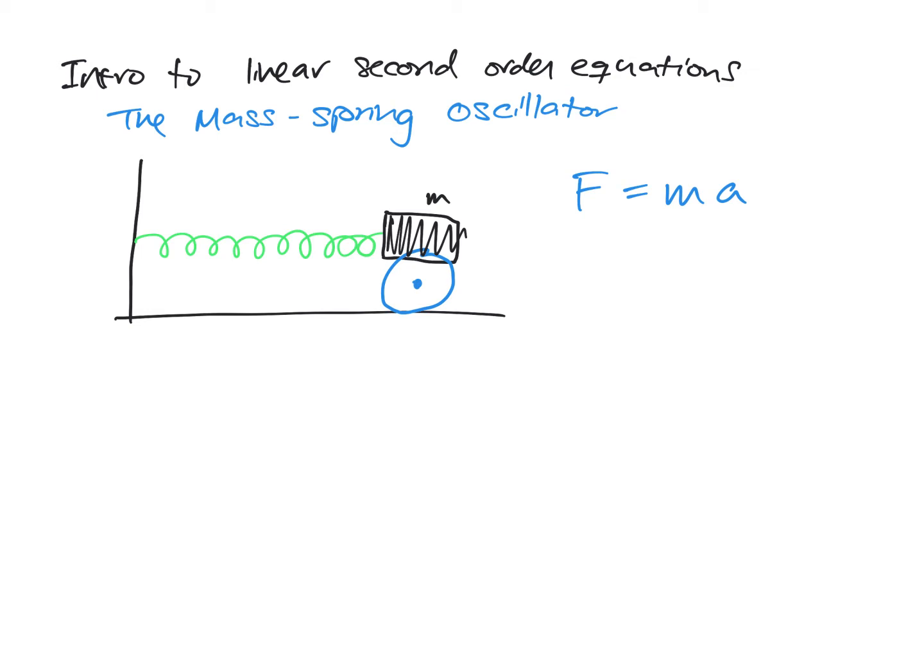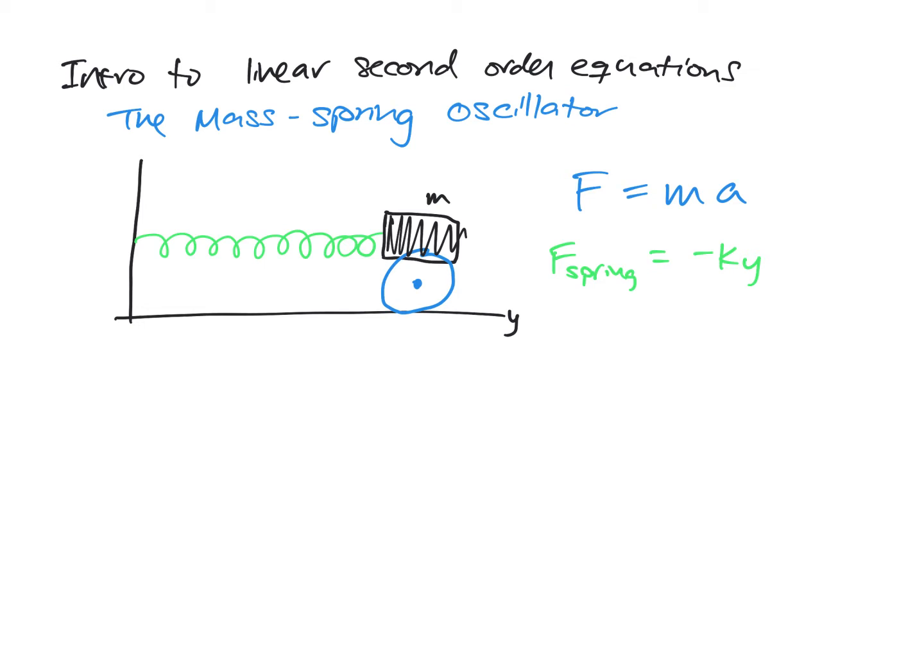And what are the other forces that are at play? Well, we have our spring. So the force due to the spring is modeled by Hooke's law and is proportional to how far you have pulled out your spring. So that's y here, this is our y-axis, how far out we're moving.